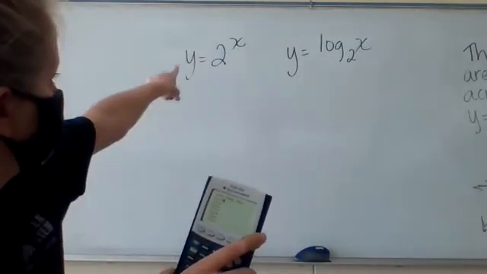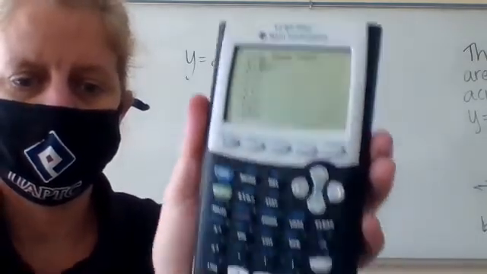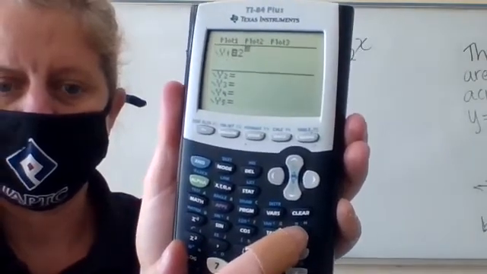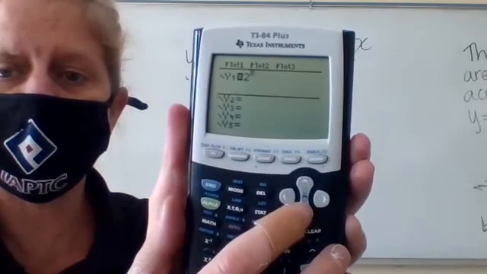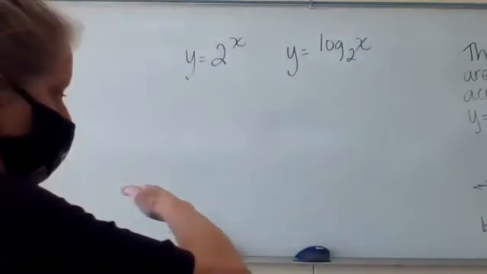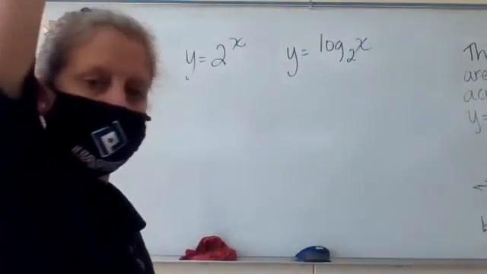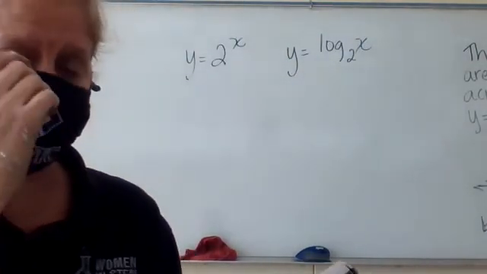The first thing I'm going to type in is 2 to the x power. So 2, then go up in your exponent with this little up arrow and put that x up in your exponent. So that's going to give me an exponential function that should go right along the x-axis, cross the y, and then shoot up. Let's see what the inverse of this looks like.